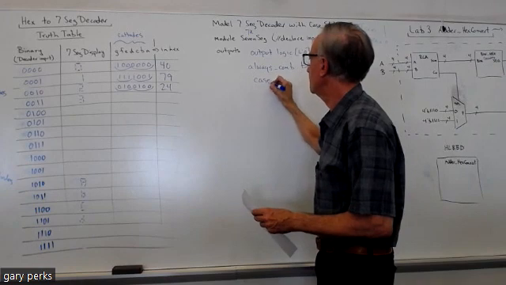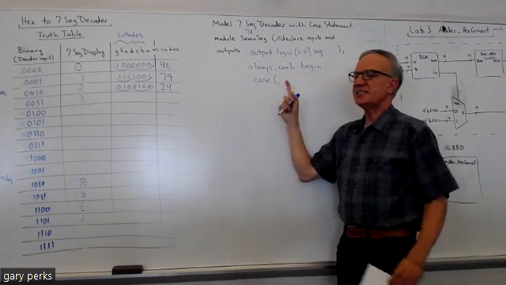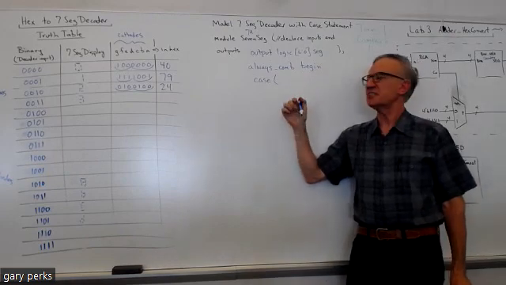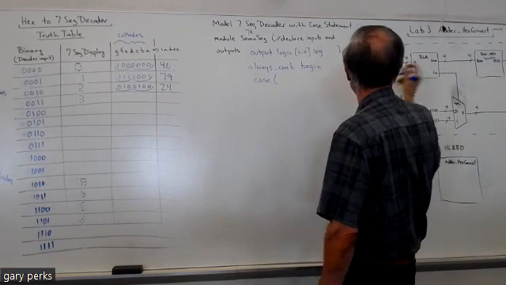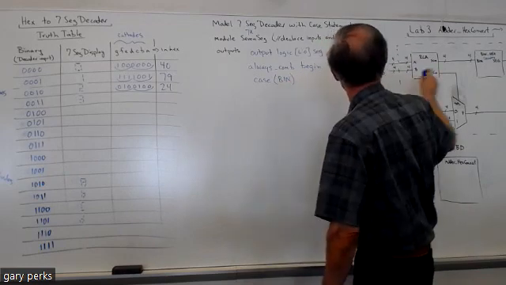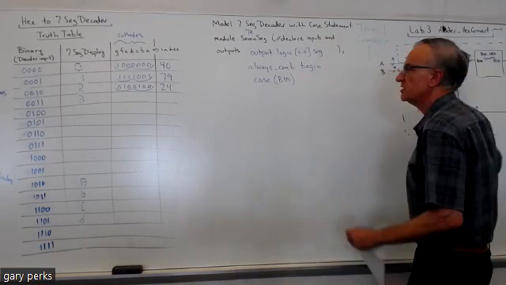So case, and then a case statement has parentheses, and what goes inside the parentheses is what's called a sensitivity list. And for us, it's going to be whatever we name the input. So I name this input bin.